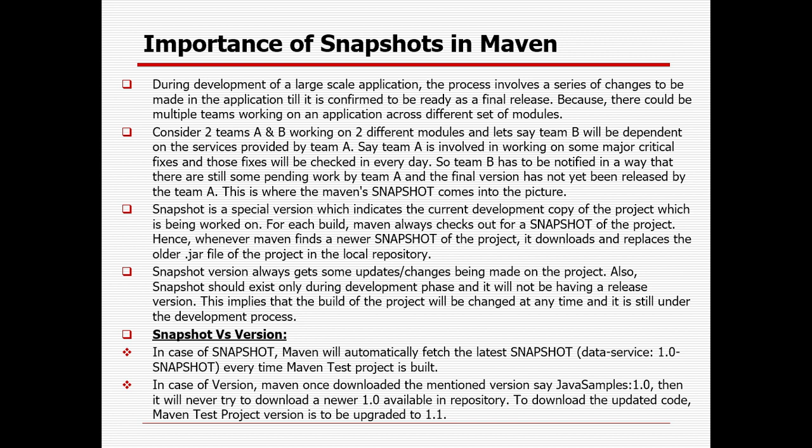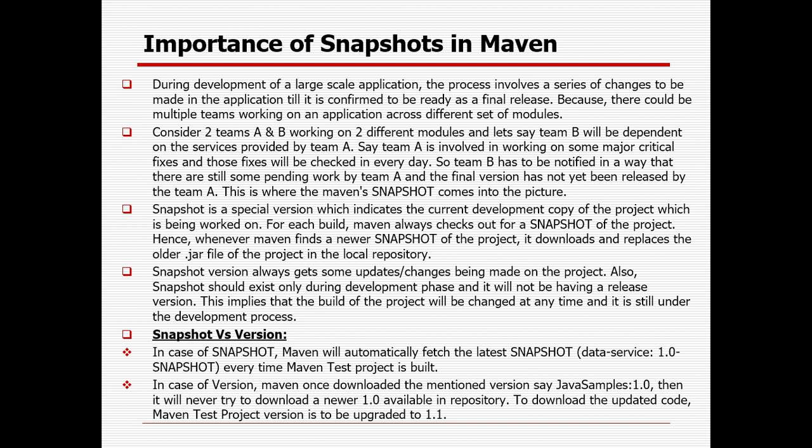Suppose I already pushed the code as 1.2, but in case I am still working, that code will not be reflected in 1.2 because this is already a fixed version. That is the reason whenever multiple teams are working, they should not go for any fixed version. They should go with a snapshot version, so that when you commit your code, it is immediately updated in the snapshot version, and other team members can access your updated code. So that is the importance of snapshot.